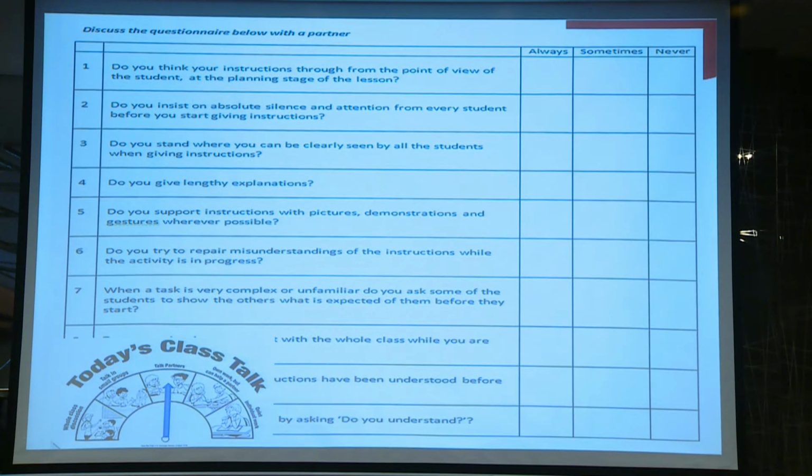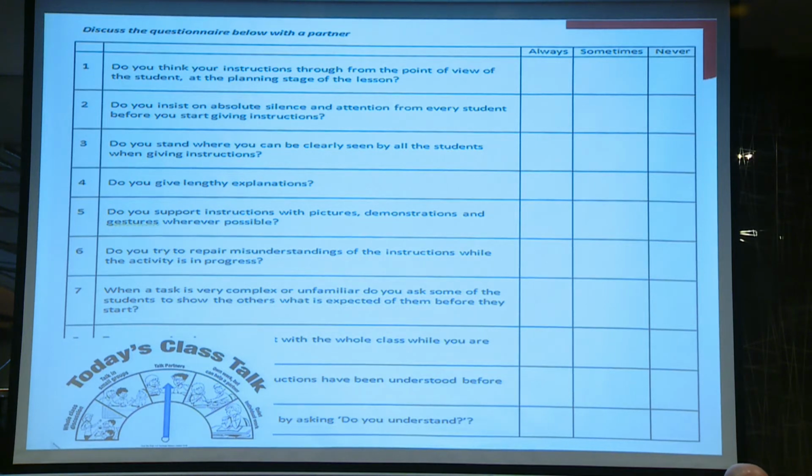So the first one, this is getting your ideas about what you think about instructions. So it says, do you think your instructions through from the point of view of the student at the planning stage of the lesson? So before you go into the class, you know what activities you're going to do with the students. You know the stages of your lesson. But do you ever think about what you're going to say to make sure that the students know what they are doing?